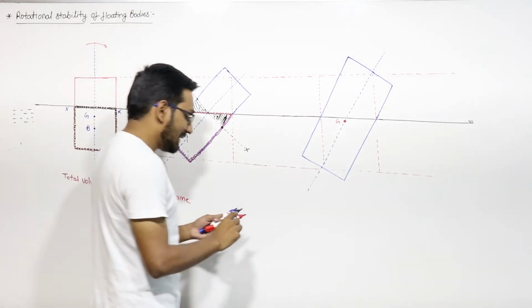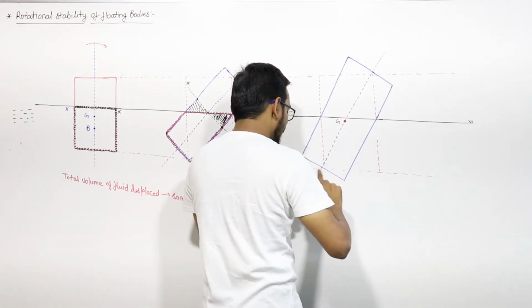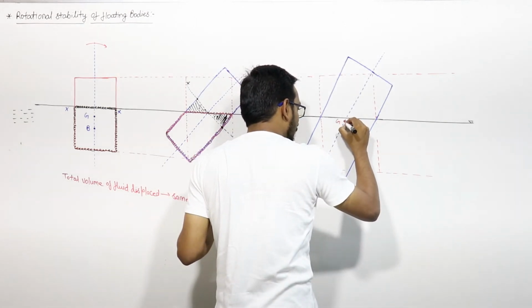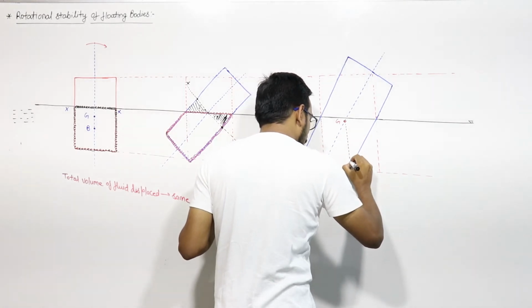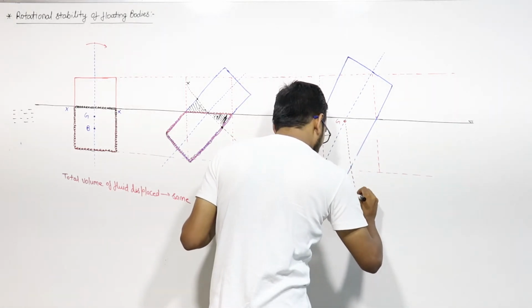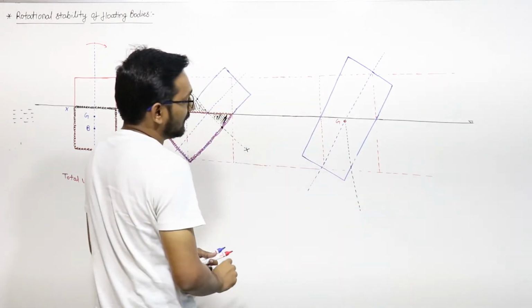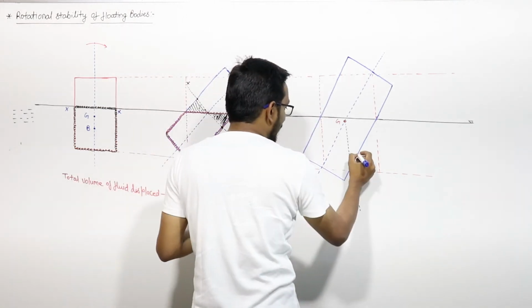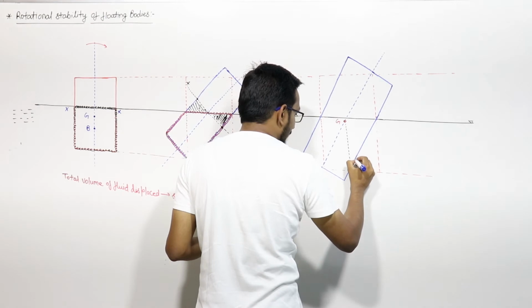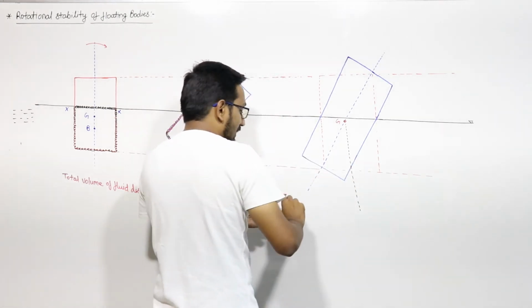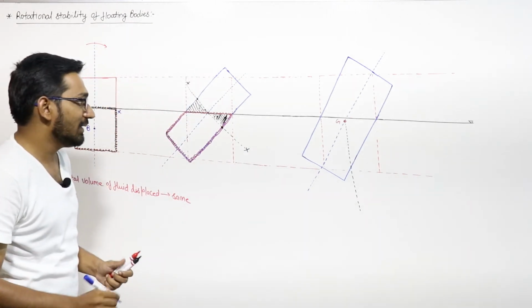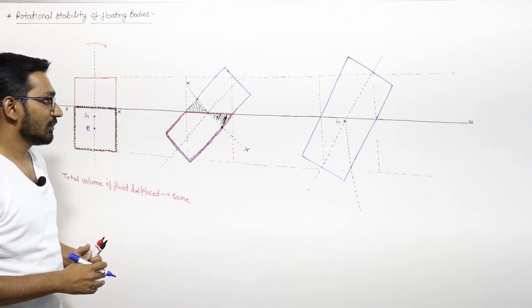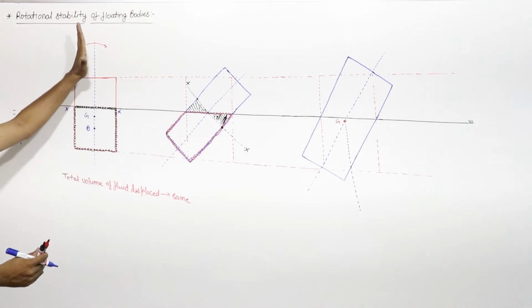And I can say that this is the line of action of weight or gravity force. This black line is the vertical line, and along this line weight is acting. I am talking about this axis.